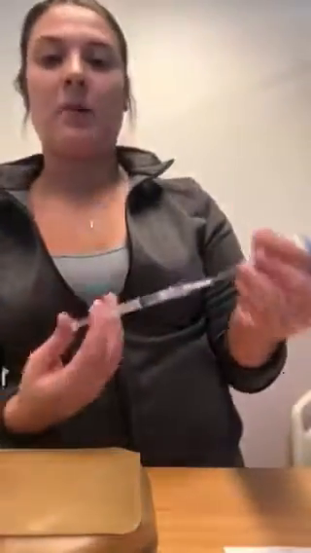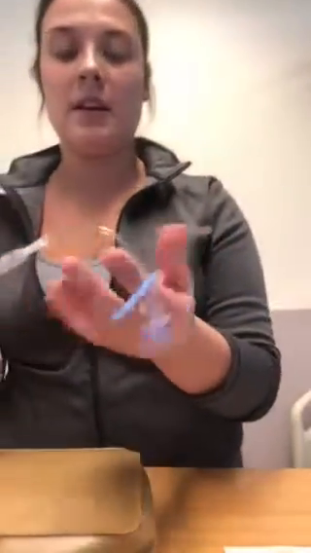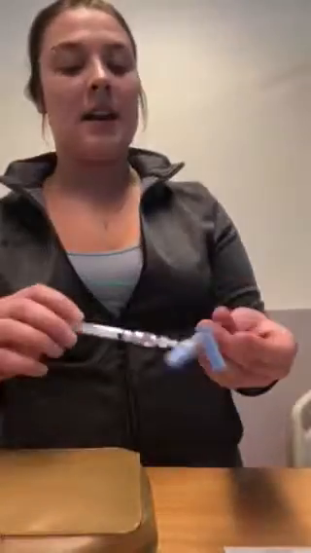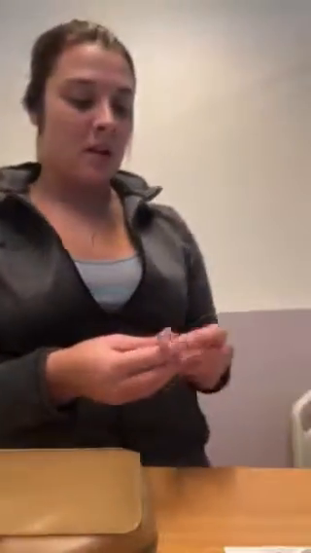Okay, and at this point I'm going to prime my tubing. I'm going to instill my morphine into my line. There's no air bubbles in it. I know that I have 0.04 milliliters in the blue cap here, and that's okay. Okay, and I'm just going to throw this into my sharps as well.